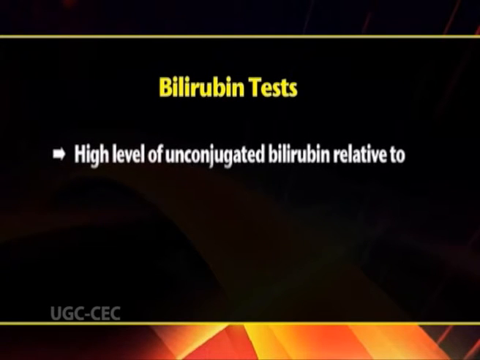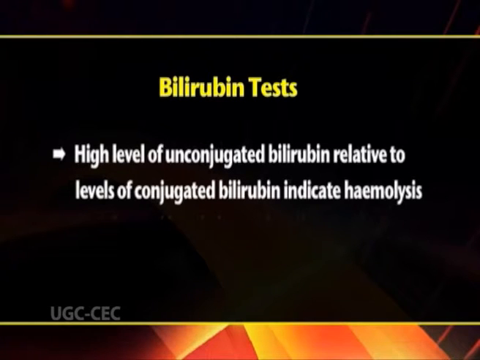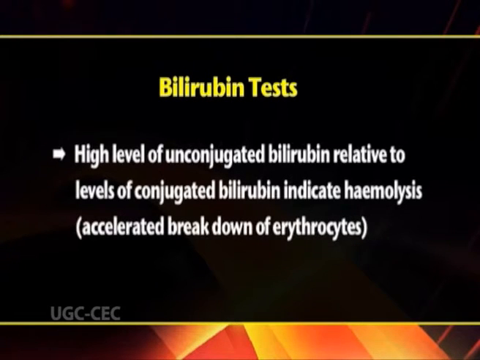If the cause of your symptoms can't be identified, your doctor may require blood tests to check the levels of bilirubin and evaluate the composition of the blood. Some of these tests include bilirubin test. That's a high level of unconjugated bilirubin relative to the levels of conjugated bilirubin indicate hemolysis, which means accelerated breakdown of erythrocytes.